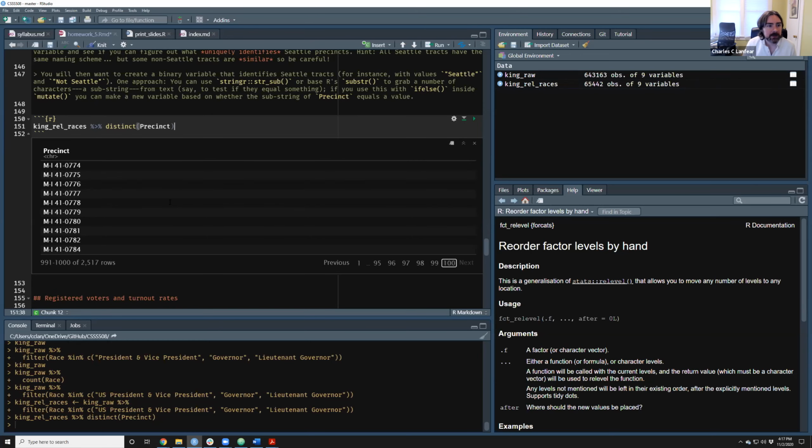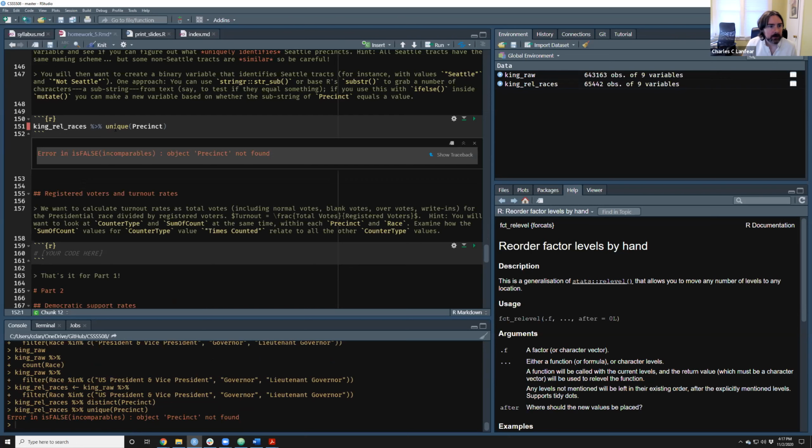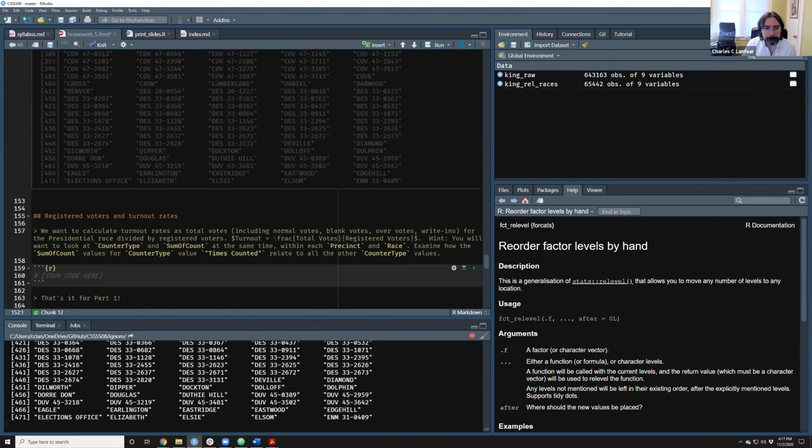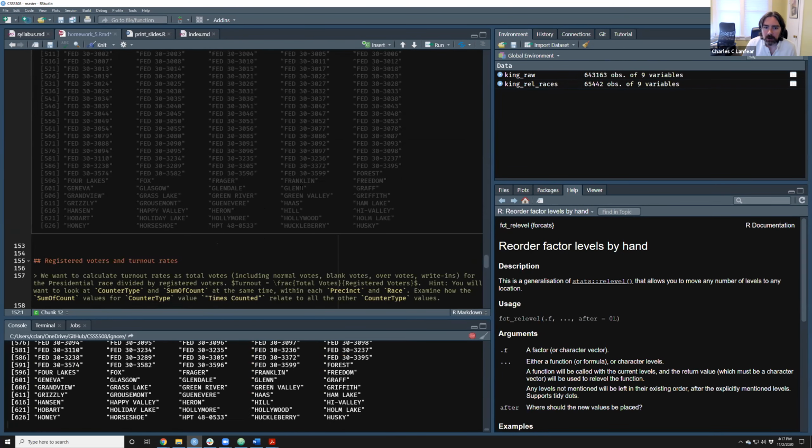So what I'll do instead is just pull out precinct, its unique values. There are a lot of them. I could print these all day long, basically.